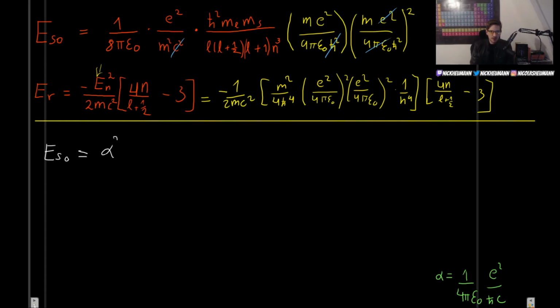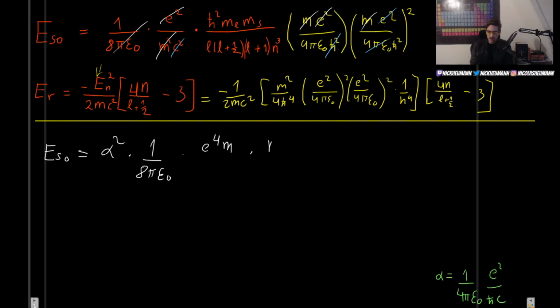And now we just write the rest of this expression. So 1 over 8 pi epsilon 0 times, well, we already used this, e squared and another e squared, so e to the 4th power. Then we have this m. This m squared cancels out this m squared. Then we have this h bar squared, which will be partially cancelled out by this.